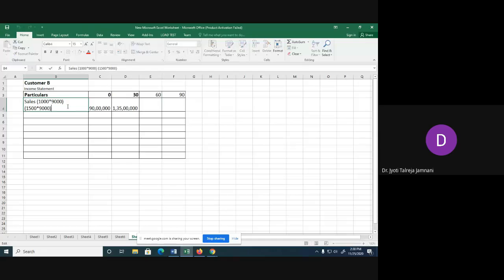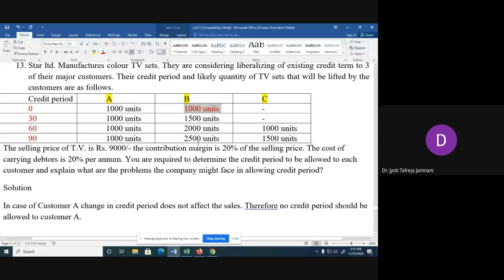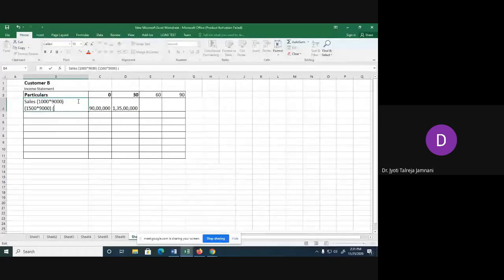Then in the third case, when you give 60 days credit, he is buying 2,000 TVs. So we take 2,000 units into 9,000 rupees per TV, and we get the sales of 1 crore 80 lakhs.